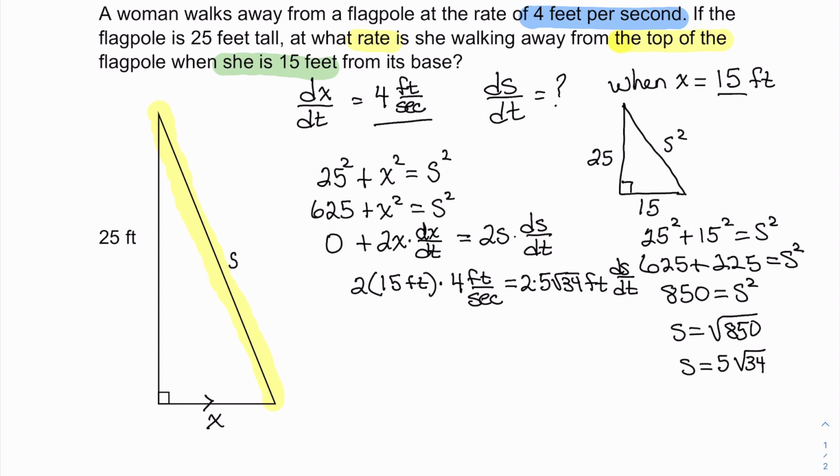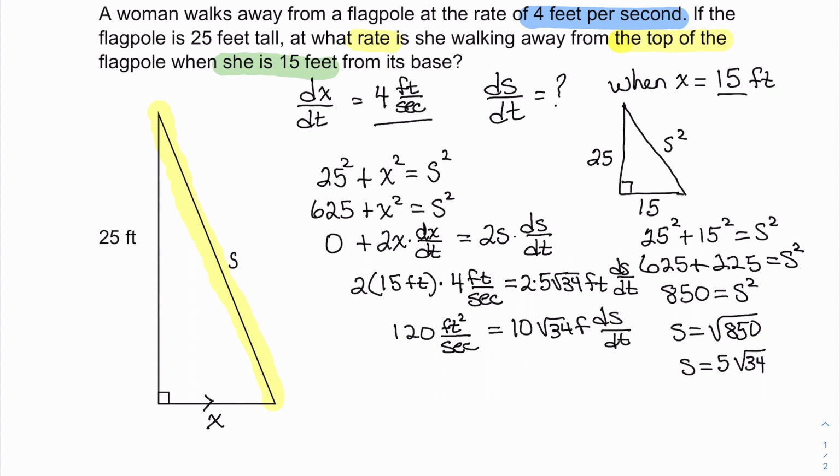So simplifying the left-hand side, I have 2 times my 15 feet times my 4. That gives me a value of 120 square feet per second. Just bringing our units along, and we will see how they work out as we go through the rest of the calculation. And then I have 2 times 5 times the square root of 34 feet times ds/dt. So that's 10 times the square root of 34 feet times ds/dt.